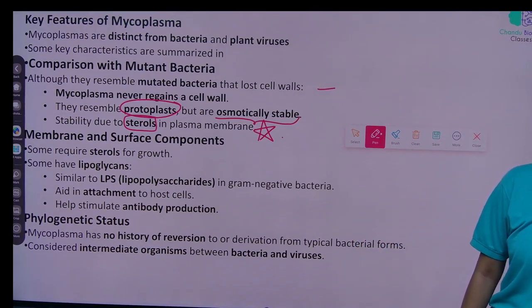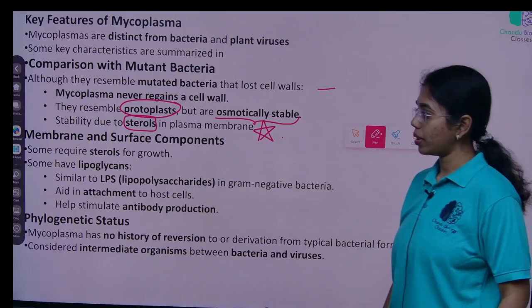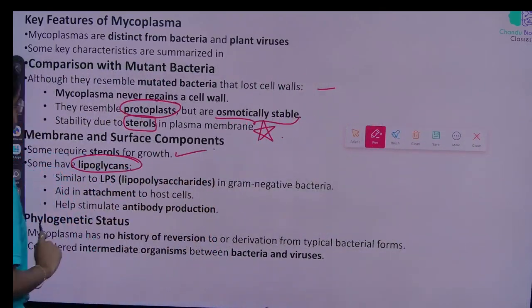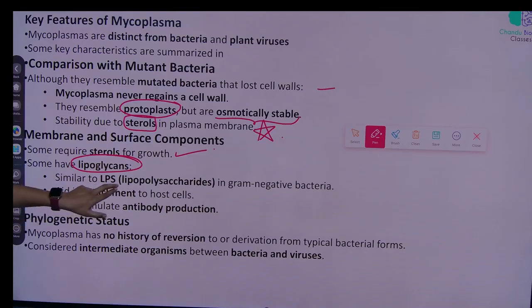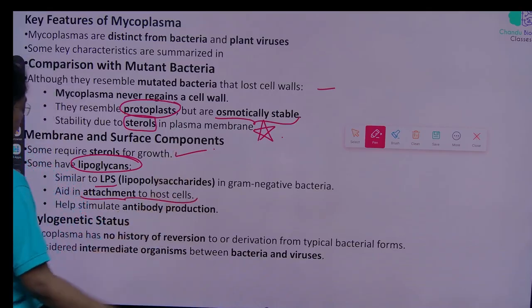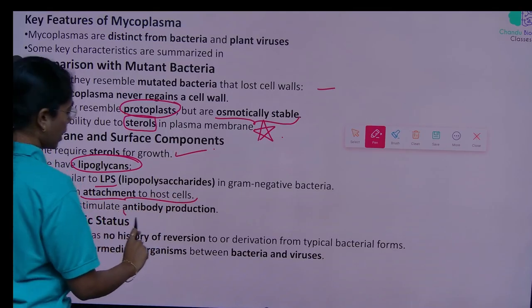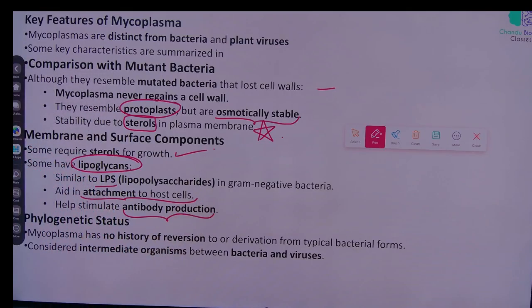Membranes and surface components. Some require sterols for growth, some have lipoglycans. They are similar to lipopolysaccharides in gram-negative bacteria. They aid in attachment to the host cell and help stimulate antibody production.